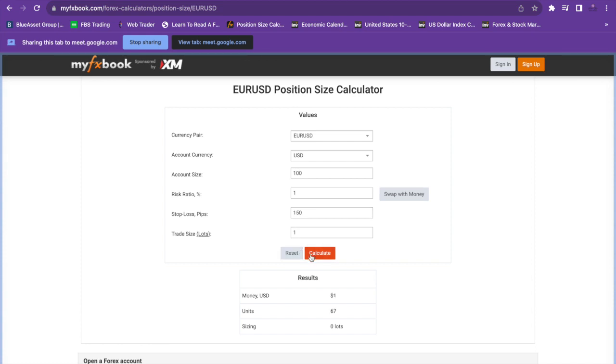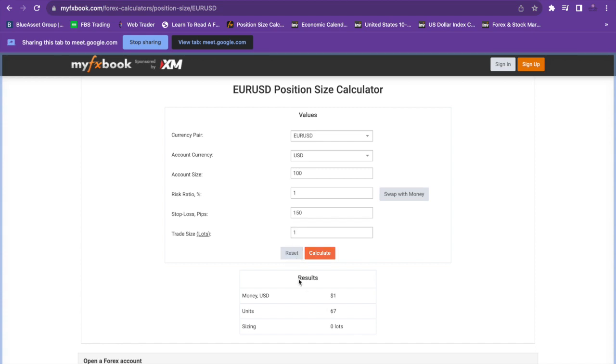And now we calculate. Do you see that on a regular account? If you had any normal account except the cent account, you would be bust. You would have lost your entire account, because it says to you, you cannot be doing that.